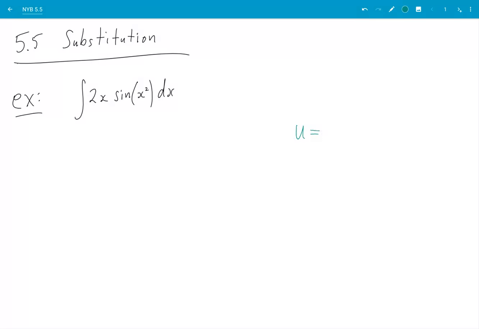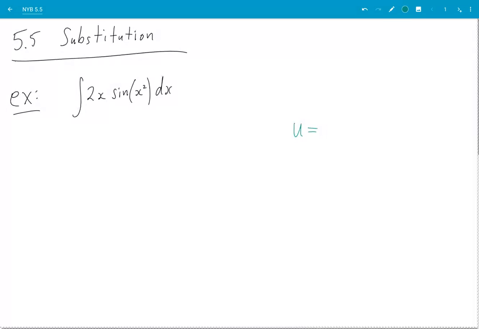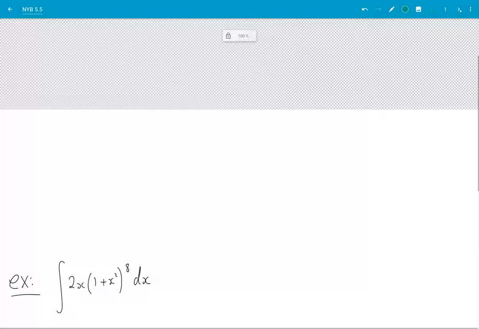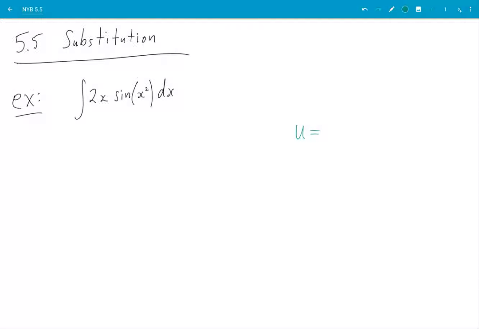So the first thing I'll do here is choose what's called the inside function. Oh boy, I lost my screen. Oh, there we go. Sorry. So if I look at my integrand, the inside function is clearly this x squared thing here. So I'll do that.